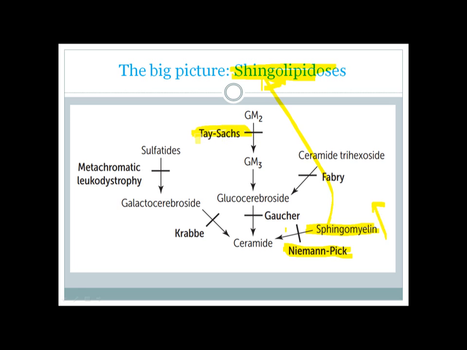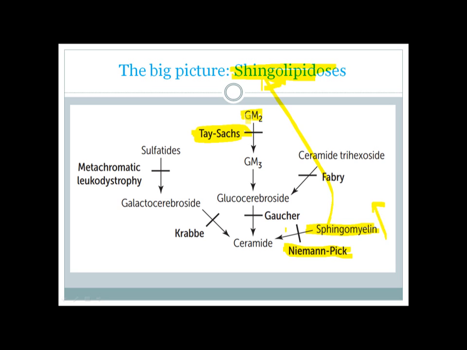I actually found a story on a forum which goes like this. There was a boy who was named Thay. Thay had a GM car, so a General Motors car, and Thay had very poor vision.